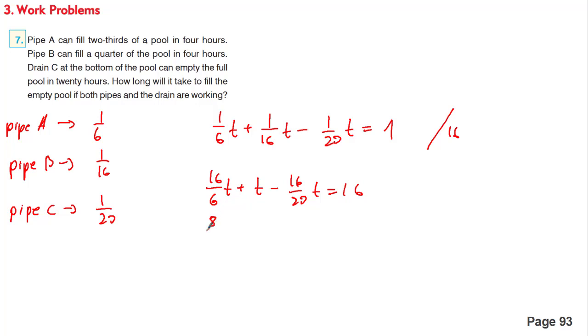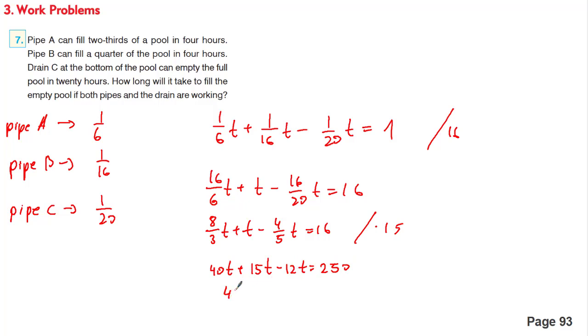We get 8/3 t plus t minus 4/5 t is 16. Then we need to multiply by 15, and we get 15/5 times 8, 40t, plus 15t minus 3 times 4, 12t, is 240. So 43t is 240.